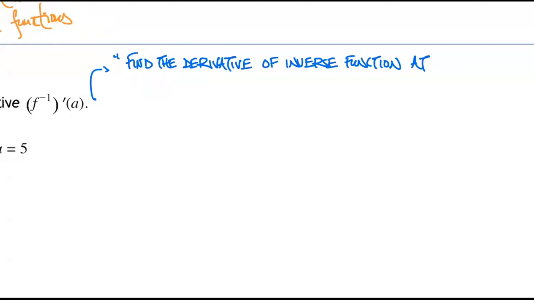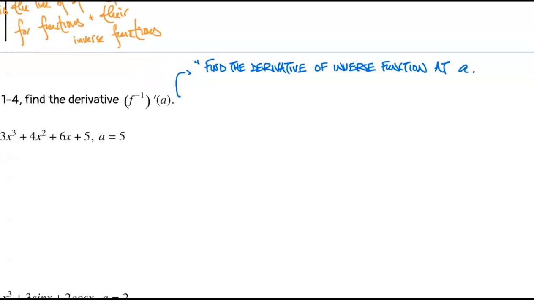I don't want to find all the derivatives or slopes of the inverse function, but at a specific point. At, let's write, a. So I want to find the derivative of the inverse function at a. Now, is a an x value or a y value?